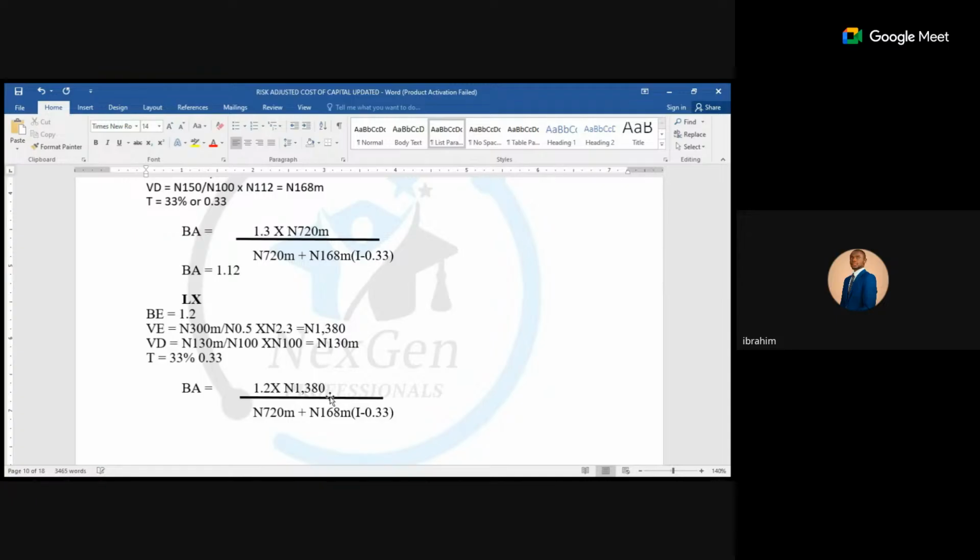Value of equity 1,380. Value of debt 130. So what do we have? 1.13.